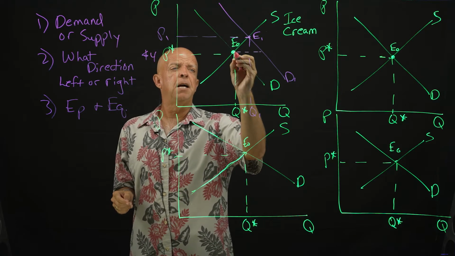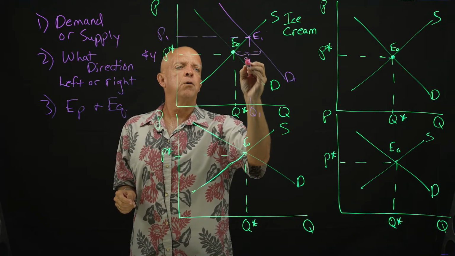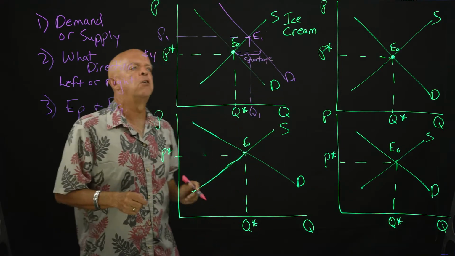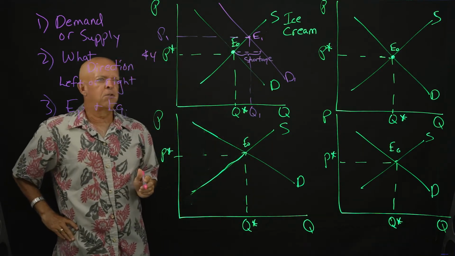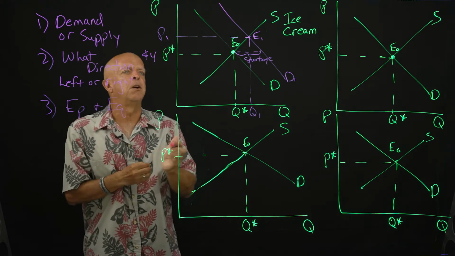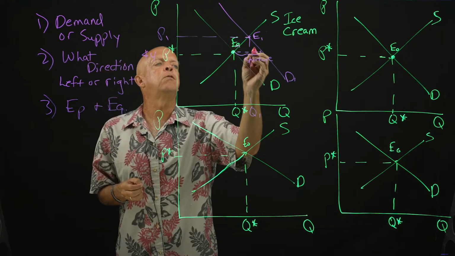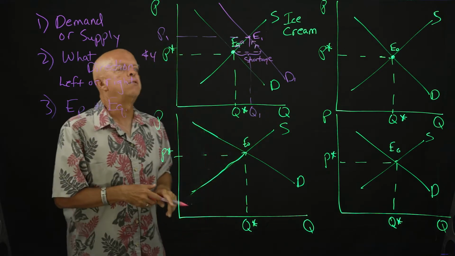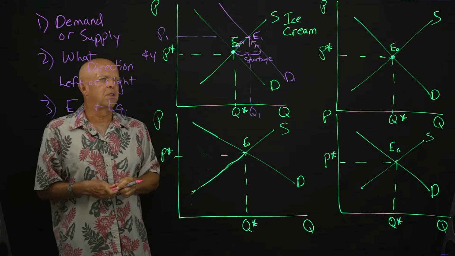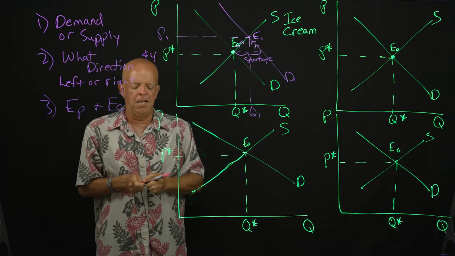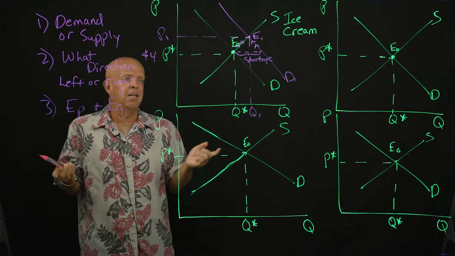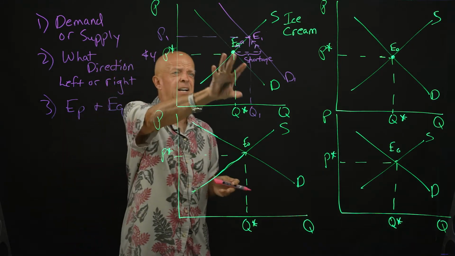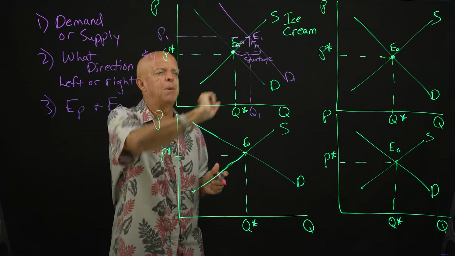There will be a shortage at the initial price. How do we resolve the shortage? The only way is to raise the price. As the price gets raised, markets have a natural way of allocating goods and services, with price as the rationing mechanism.